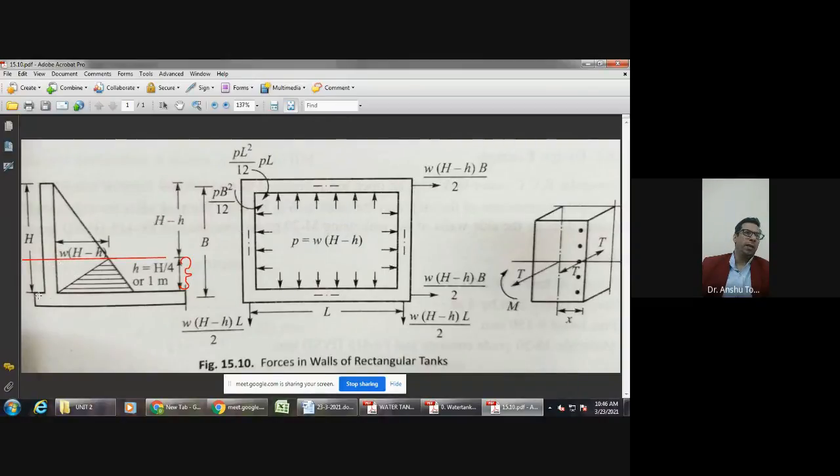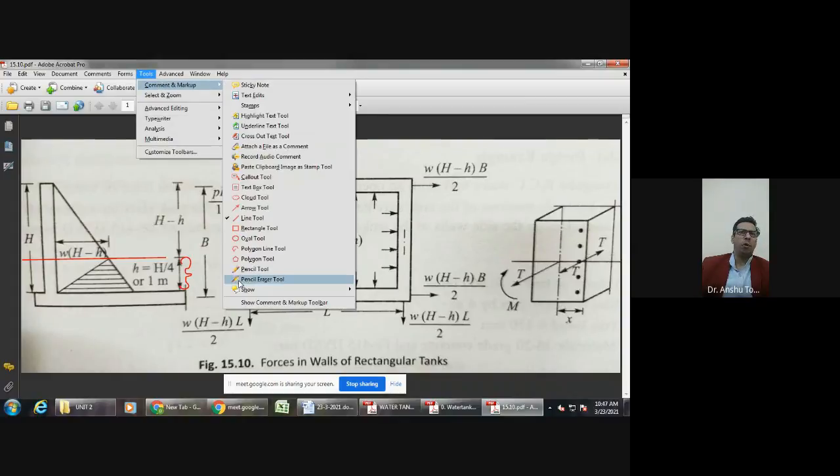This is the spacing and area of steel, 10 mm dia, 110 mm center to center. For this, I am drawing it on both the sides.